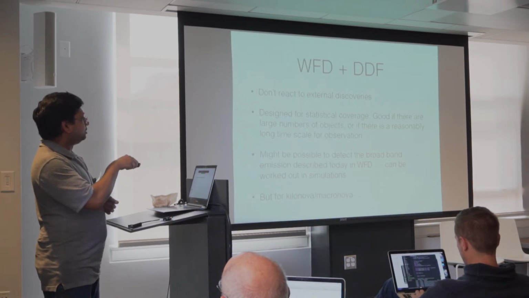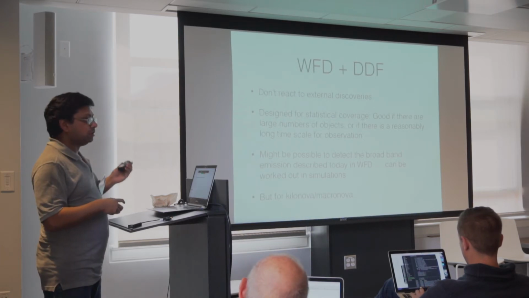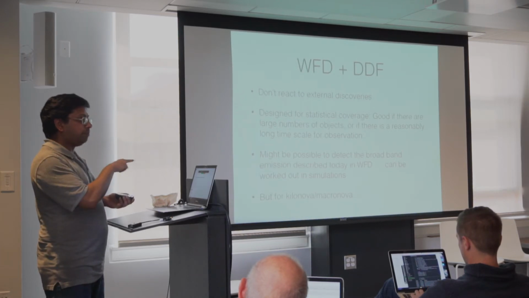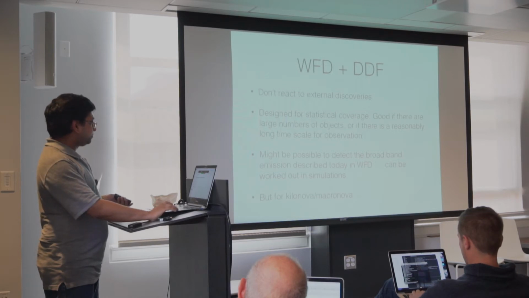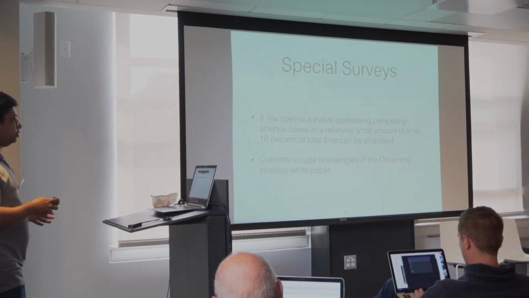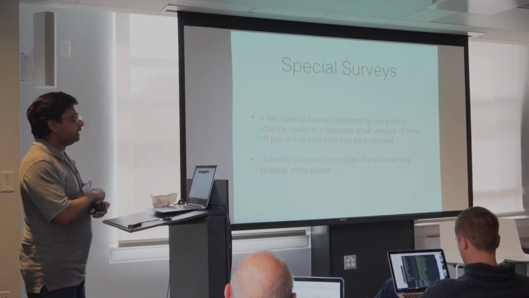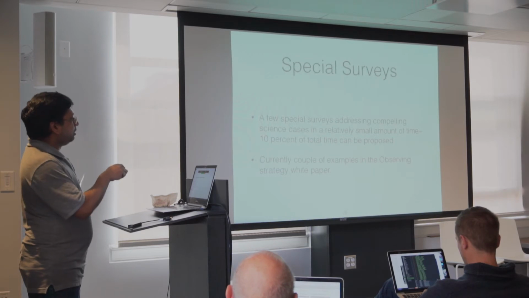It might be possible to detect the broadband emission that we were talking about, because that's a fair number of days. But I guess if you want to actually detect the kilonova emission, special surveys are the way to go.